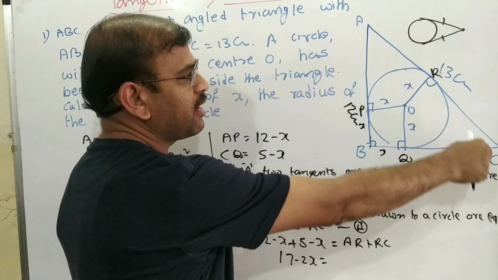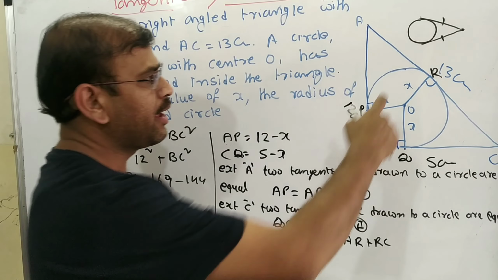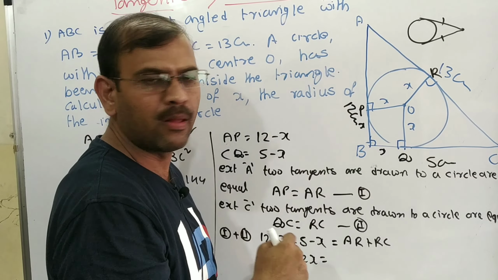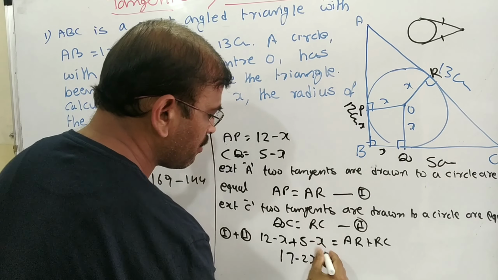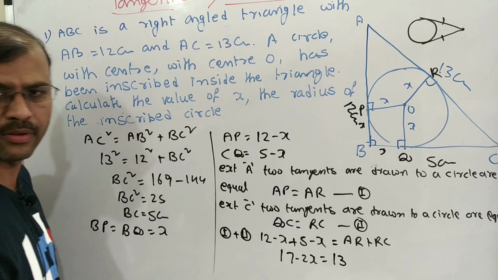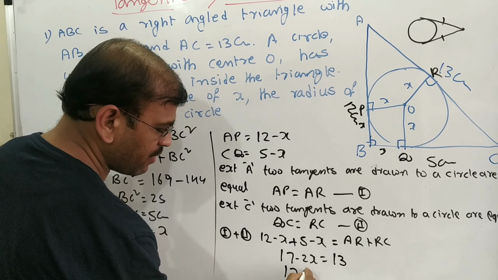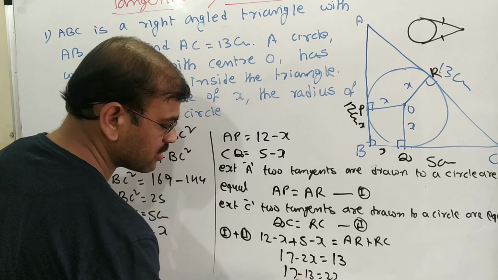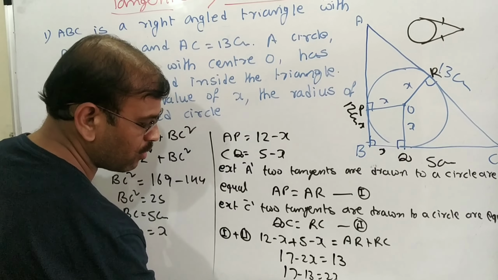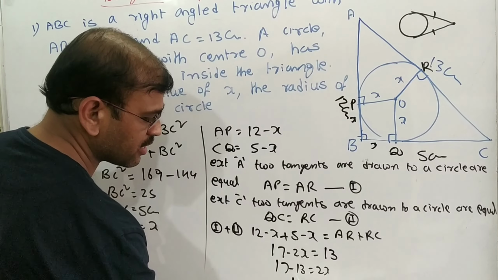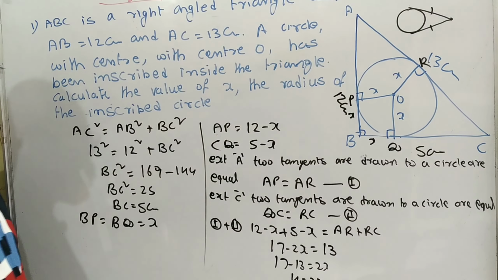AR plus CR, can I say AC? AR plus CR, I can say AC. So the length of AC is how much? 13. So 13 we bring to this side, 2x we take to that side. 17 minus 13 equal to 2x. So how much are you getting? 4 equal to 2x, x equal to 2 centimeter.